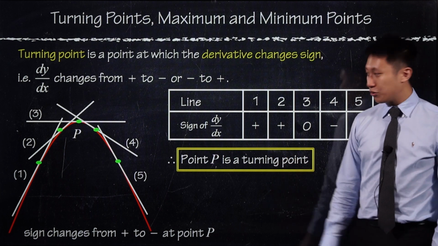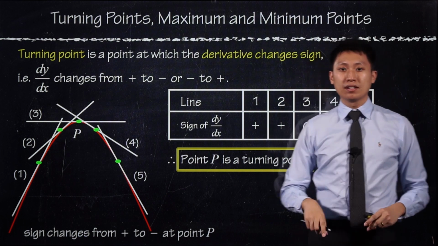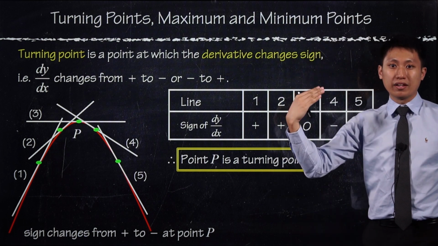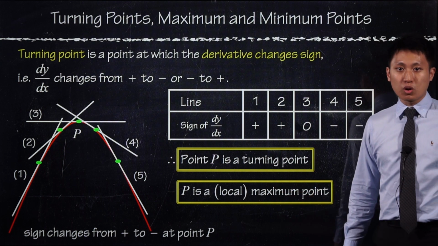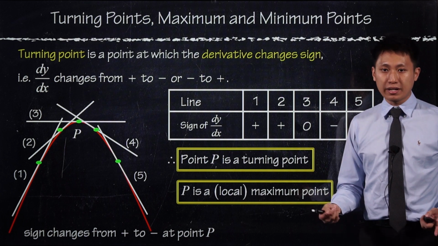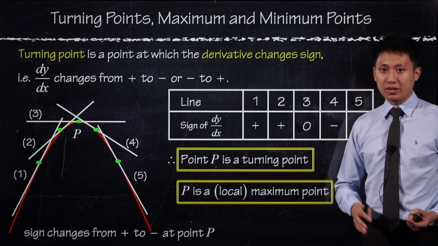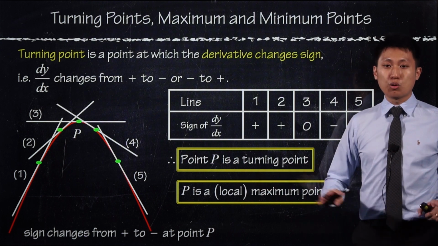If you don't care about all these lines, look at this point here. It's the highest point, so it's also called the local maximum point. In your book, you normally call it just a maximum point, with no separation between local maximum point or otherwise.